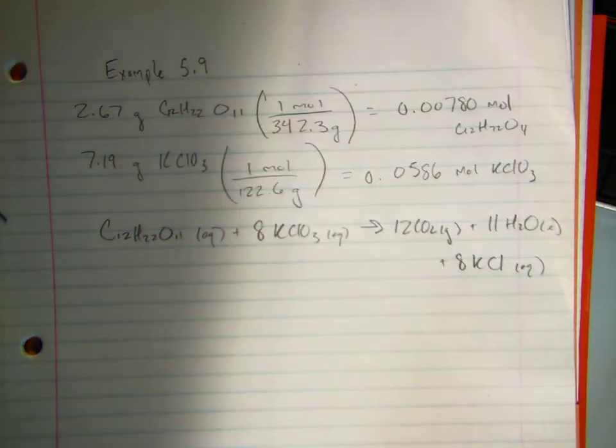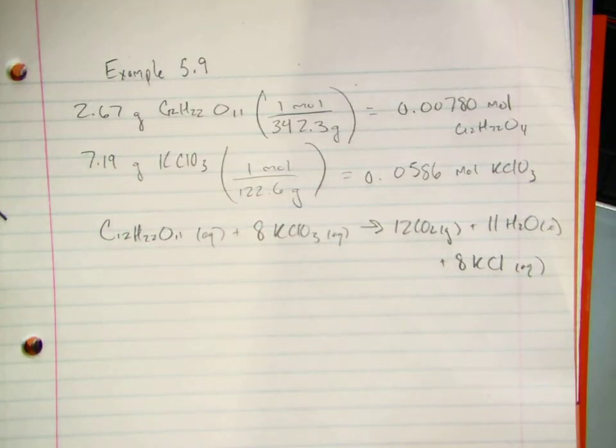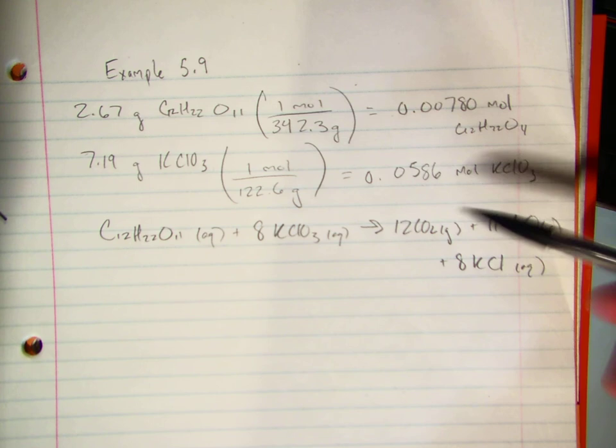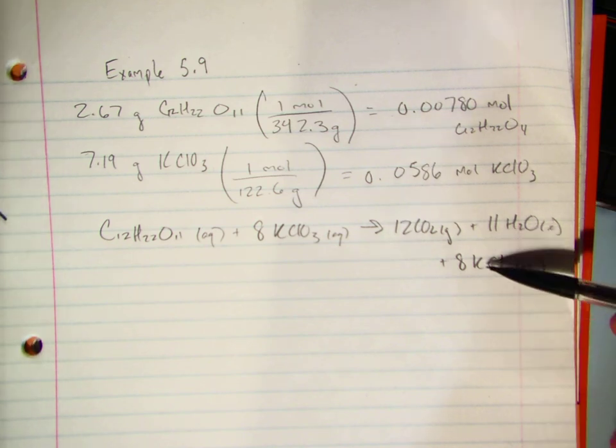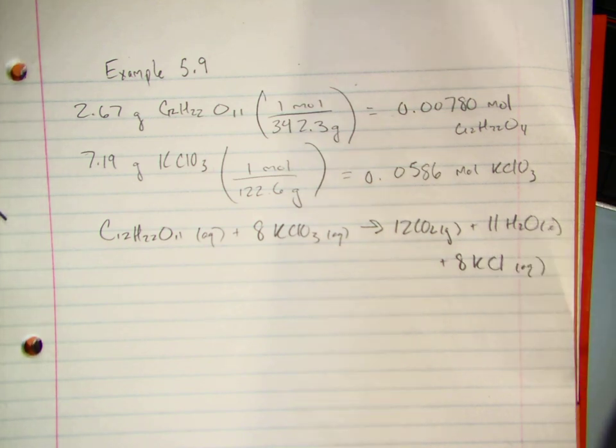So if you recall from chapter 4, to calculate the limiting reactant, what I need to do is pick a product and figure out for each of these how much of that same product they can make. You can choose any one of these three. You'll find the limiting reactant the same way regardless. I'm going to choose potassium chloride.